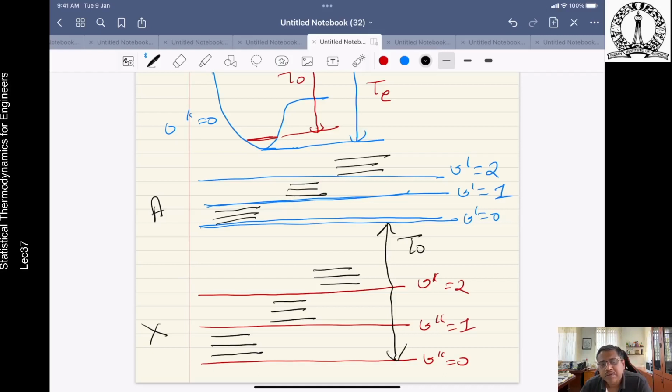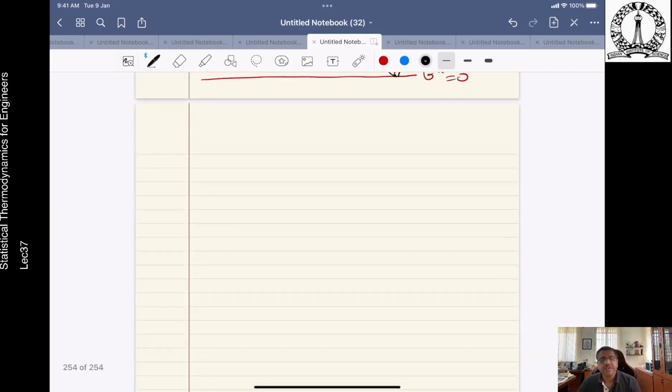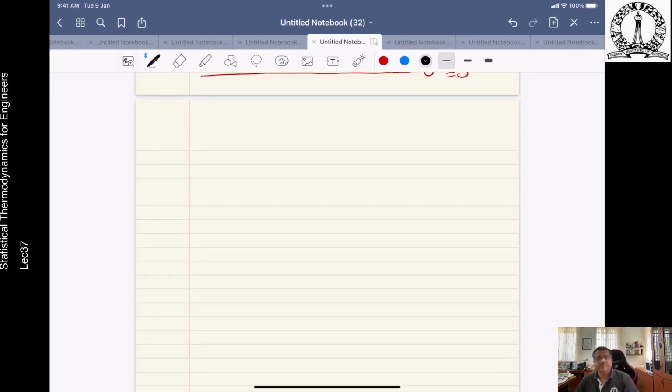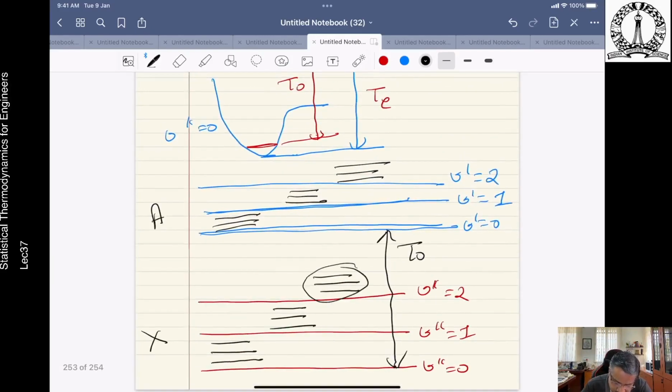All right, and then you look at the different transitions. So this is the diagram. This is like an energy level diagram that we have drawn. And we have drawn the energy levels for both vibration and rotation within both the ground state and the first excited electronic state. So these are the corresponding rotational bands, and these are the vibrational ones.